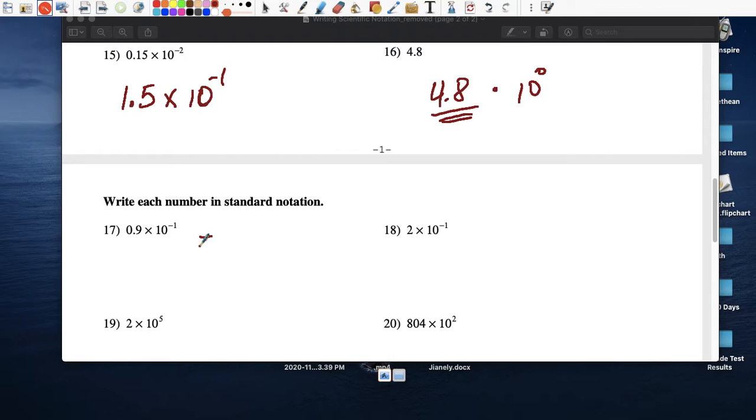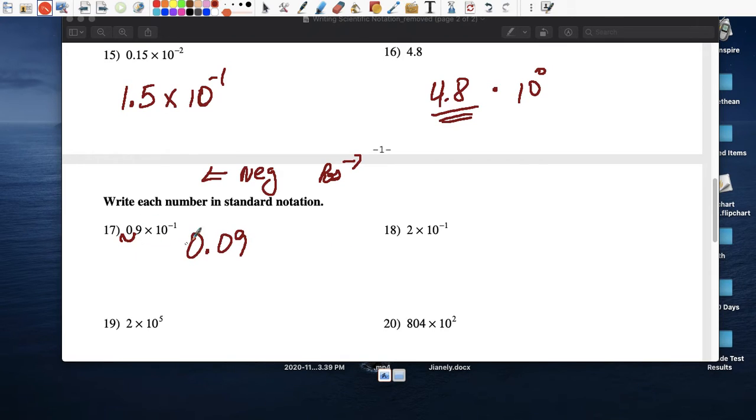And this is going to equal... I move it to the left once. Oh my god, even I get confused. So we're going to move to the left. Left, positive, we're going to go right. So that moves 1 over. And if you clean that up, it's going to be 0.09.